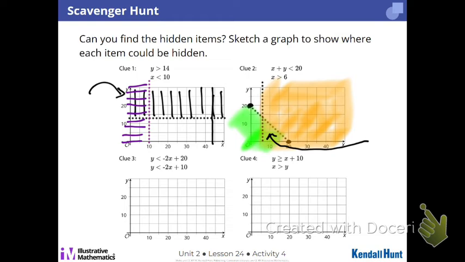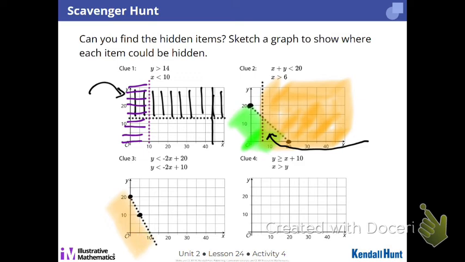All right. Third one. These lines are parallel. They have the same slope. Let's see what happens. I have a y-intercept of 20. A slope of -2. Dash line. All right. Let's test the origin. Is 0 less than 20? Yes, so everything underneath works. All right, let's get our other line.